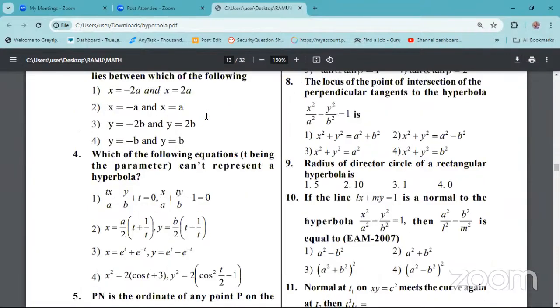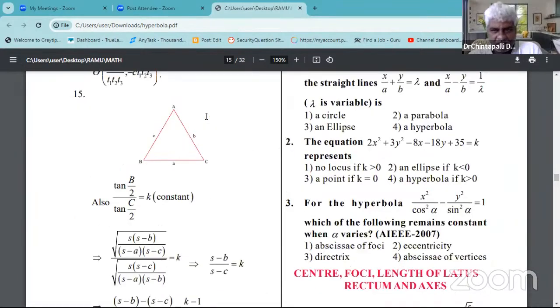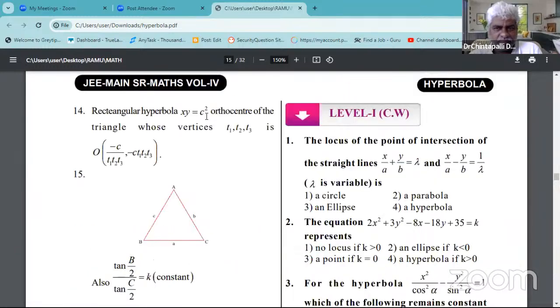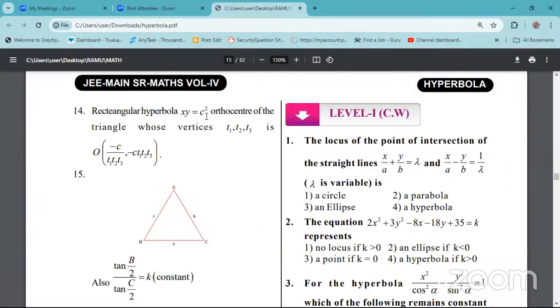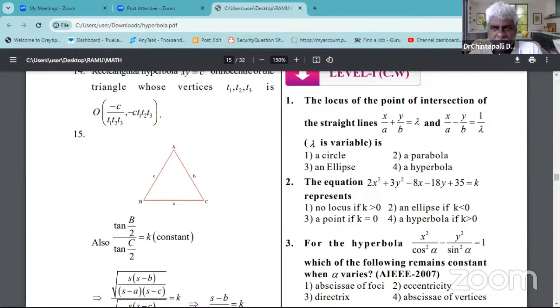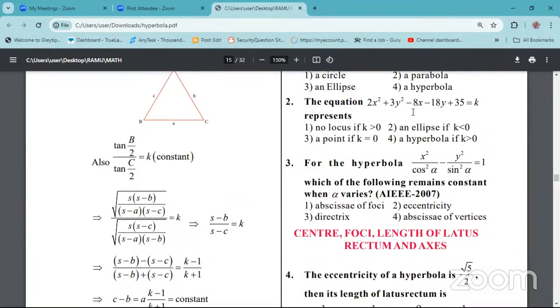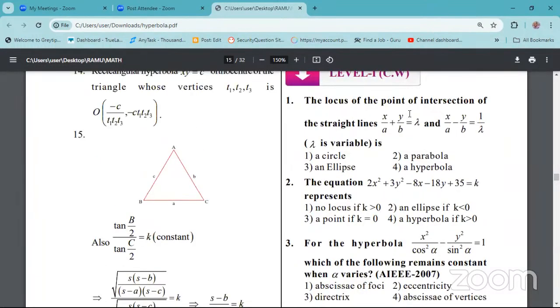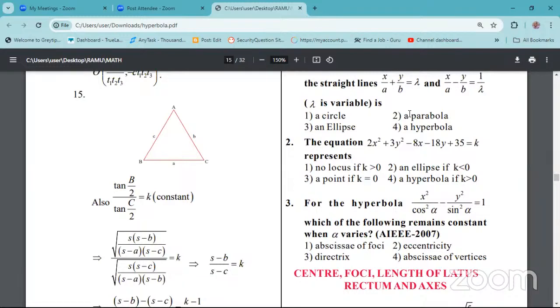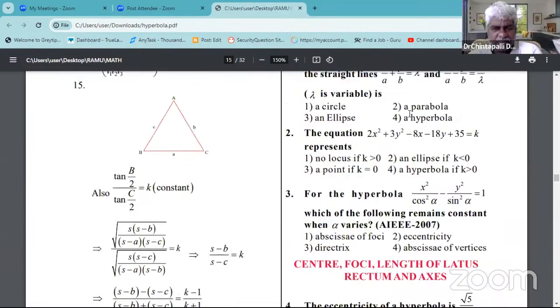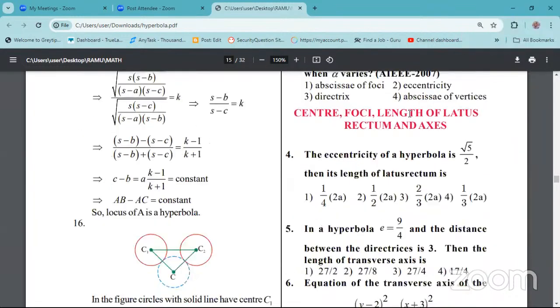Remember the page number 165. On page number 165, there are sums. Note the sum numbers. I'm giving the sum numbers, right?